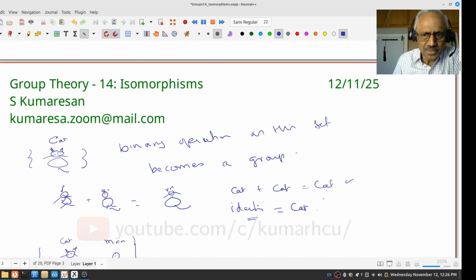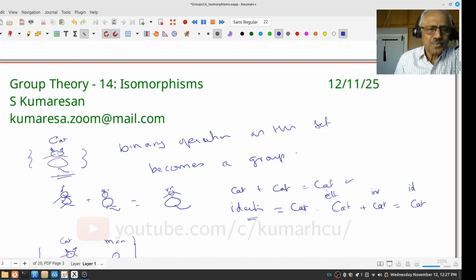Then it should have an inverse. What should be the inverse? I have a cat, and adding it to that, I get cat. This is the identity element. This is the inverse of the original element. So I have made this into a group.